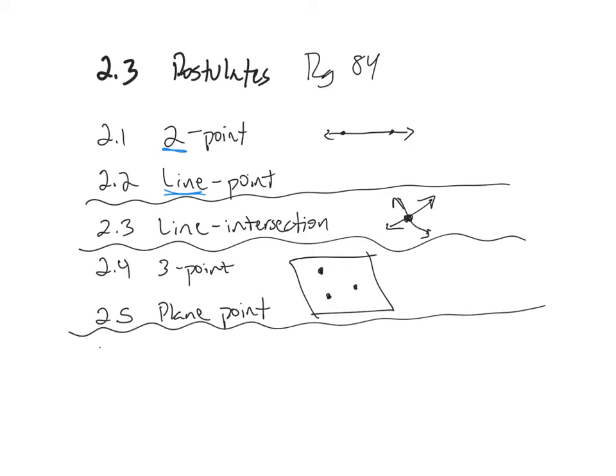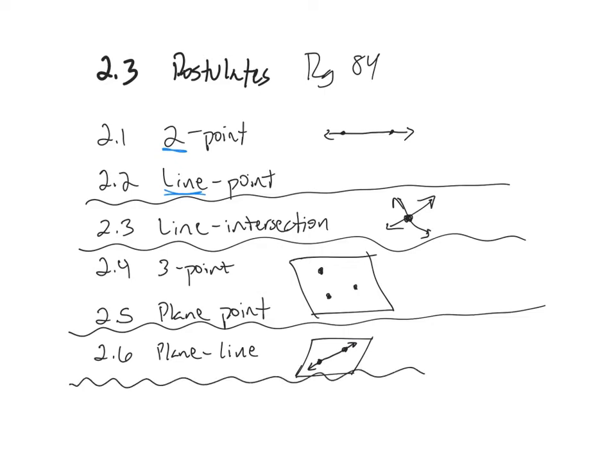Okay, 2.6, plane line postulate. I have a plane, and this one says if 2 points are in the plane, then the line connecting those points is also in the plane. Hopefully that's somewhat obvious. If you have 2 points, then the line has to be in there.